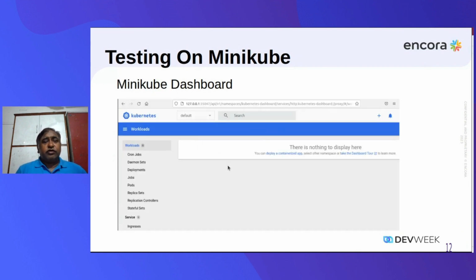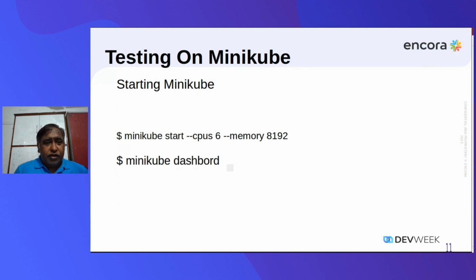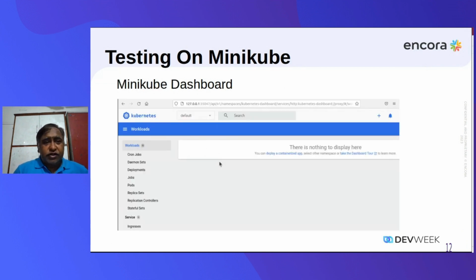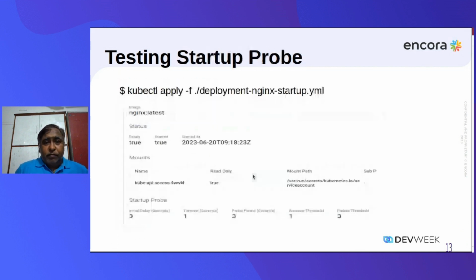After running it, this dashboard will be displayed in the browser. Since no pods are deployed here, it is showing blank. I have created a deployment and an nginx startup.yml, a different YML file for this session, which we can deploy and see.